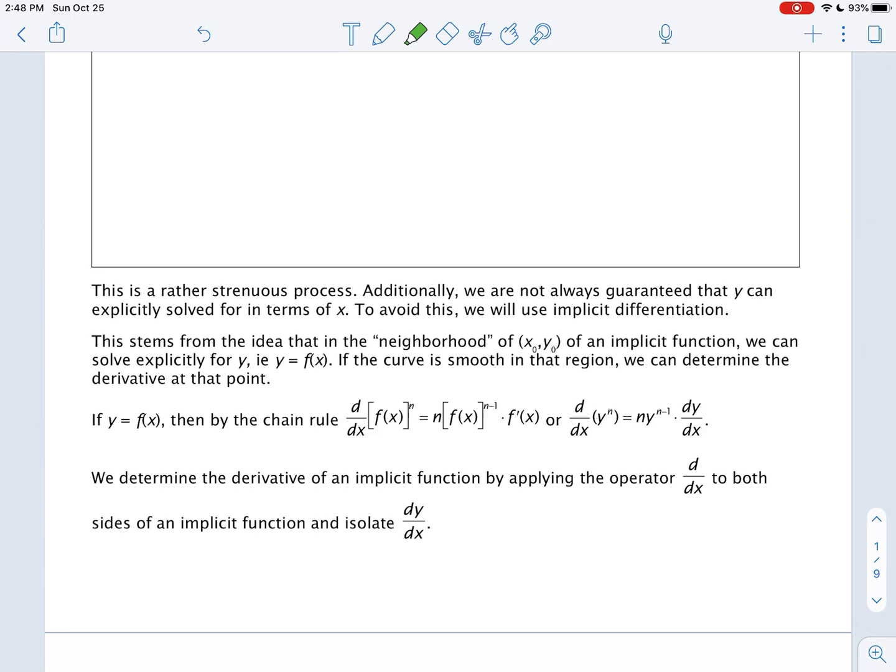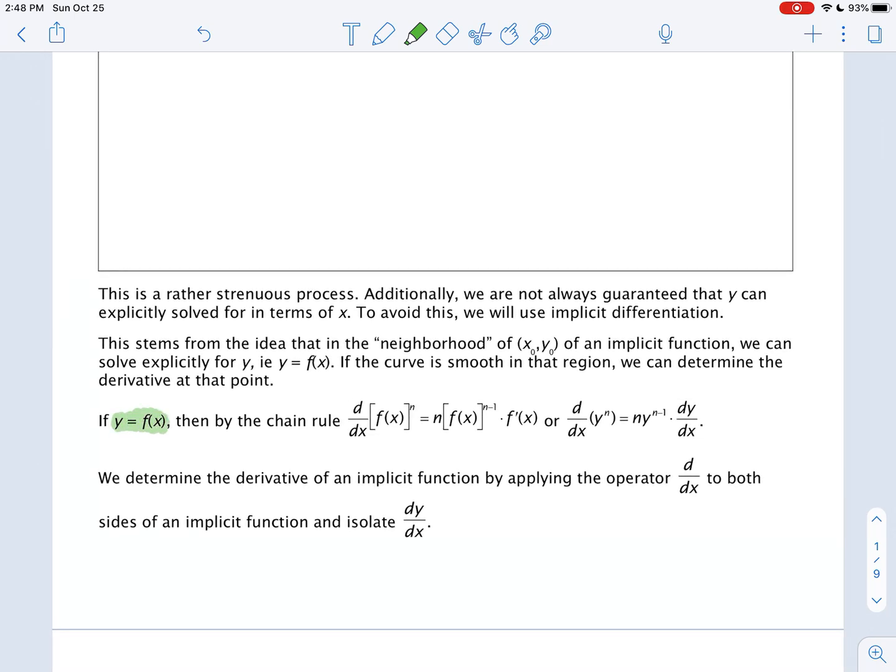But we do want to imply that behind the scenes y is still a function of x, so that if I were to take a derivative of my implicit equation on my way to find dy dx, if I had y to the n, I would want to use the chain rule here.